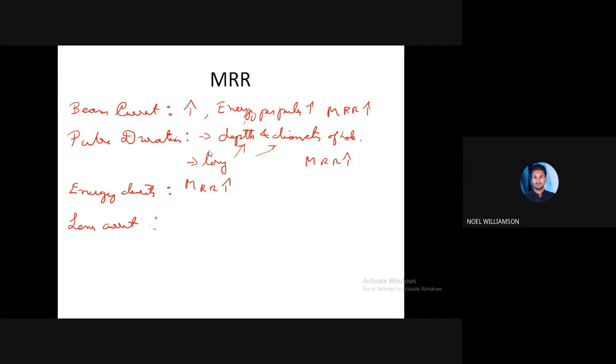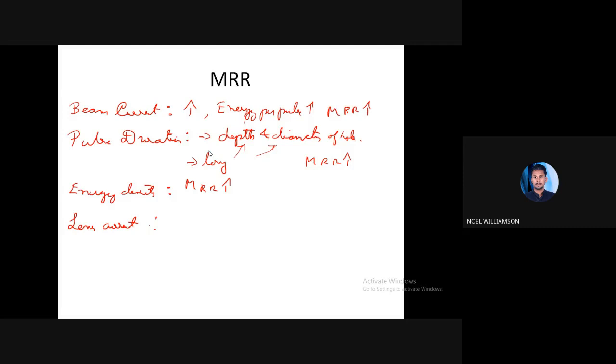Thereby, it will alter the material removal rate. If it is focused to a small point, then the material removal rate will be high. If it is focused to a larger one, it changes accordingly. So this is how the material removal rate can be altered. So the four things are the beam current, then pulse duration, energy density, and lens current.